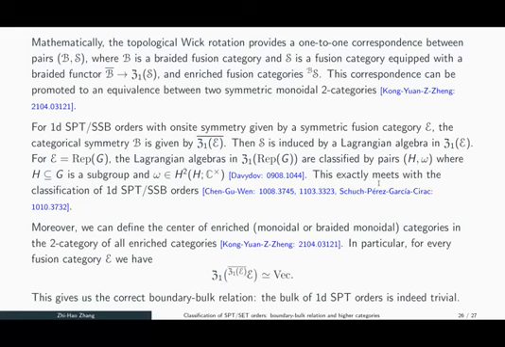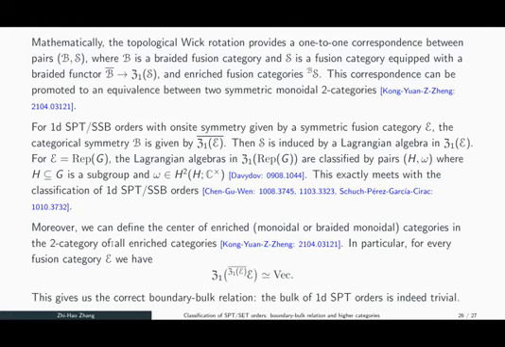Moreover, we can define the center of enriched categories, the center of enriched monoidal categories, and the center of enriched braided monoidal categories. The centers are defined using the universal property in the 2-category of all enriched categories. And in particular, we can compute the trivial center.